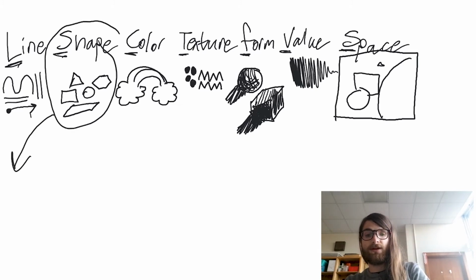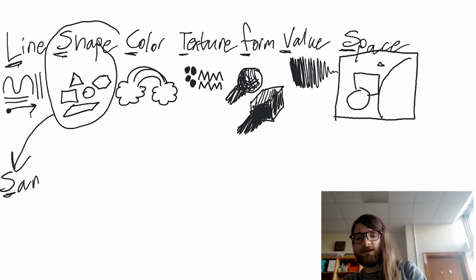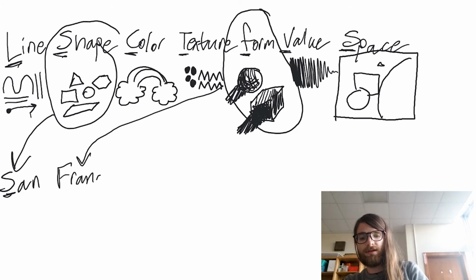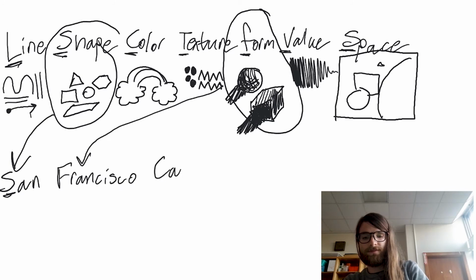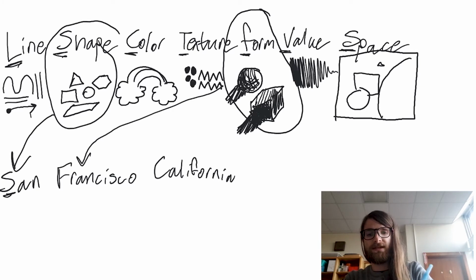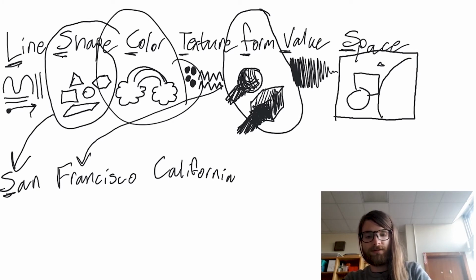So San Francisco, I'm going to take the S from shape. I'm going to take this, move it down here, and we have an S, because S for shape. San. Okay, and then Francisco, I'm going to take the F from form, put that over here, and we have Francisco. And then California, I'm going to take the C from color, put it right down.